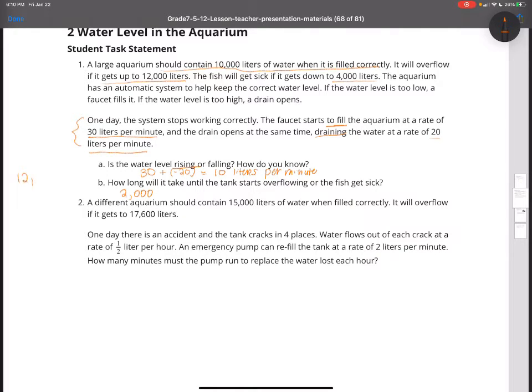I subtracted 12,000 minus 10,000, which equals 2,000. I'm going to divide this by 10, which gives me 200 minutes.